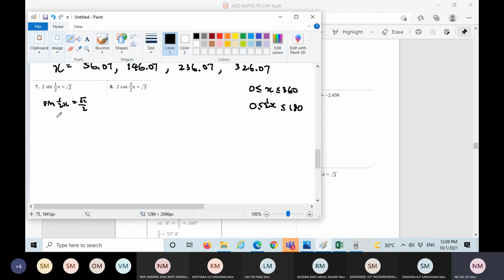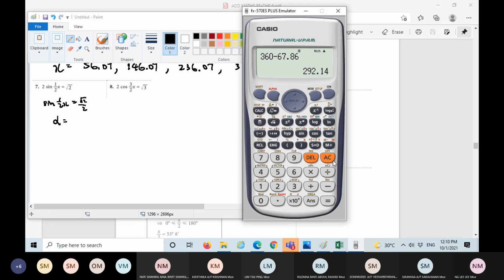Now we continue. Look for the alpha. Can you tell me the alpha? 90. Square root 2 over 2, shift sine. I get 90, I guess. Let me try again.